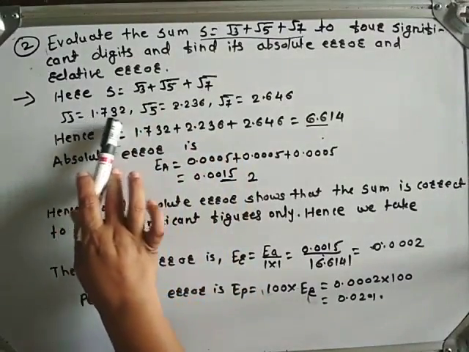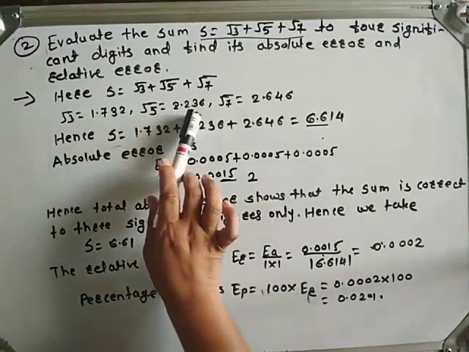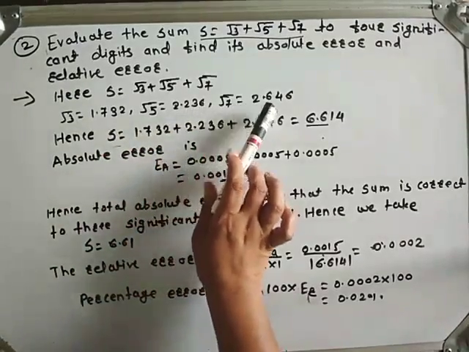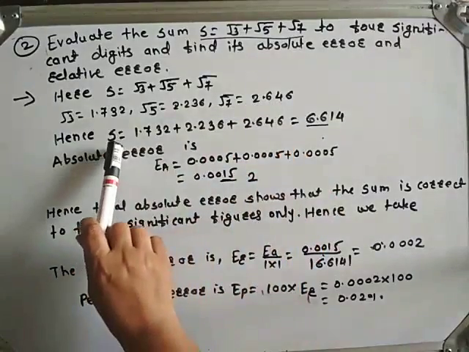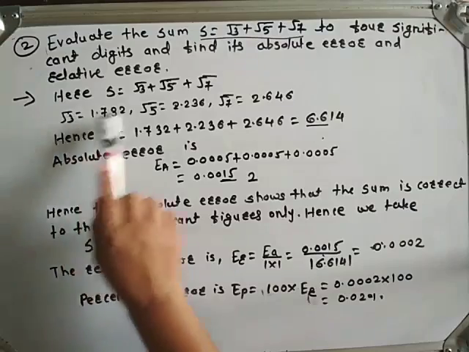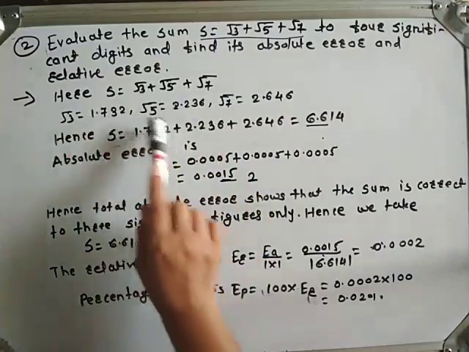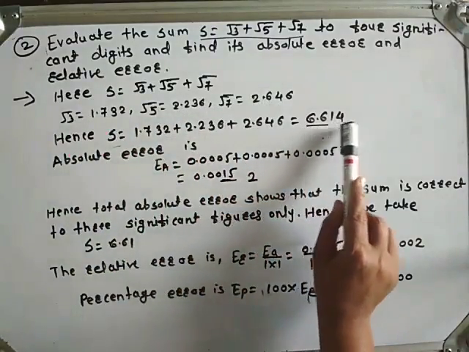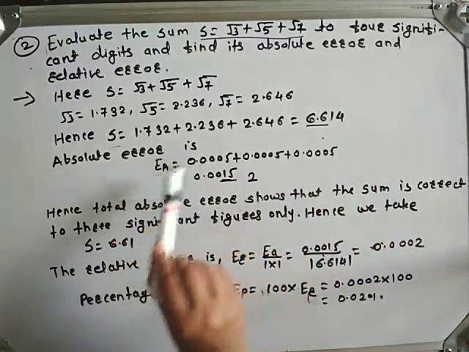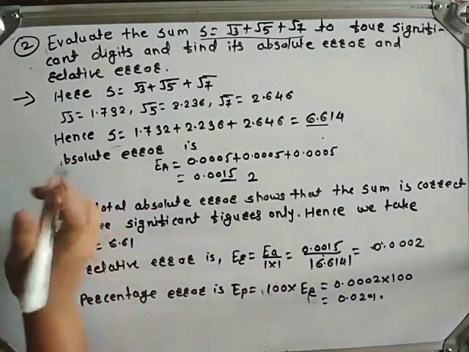Root of 3 is 1.732, root of 5 is 2.236, and root of 7 is 2.646. S is addition of these three numbers, which is equal to 6.614.